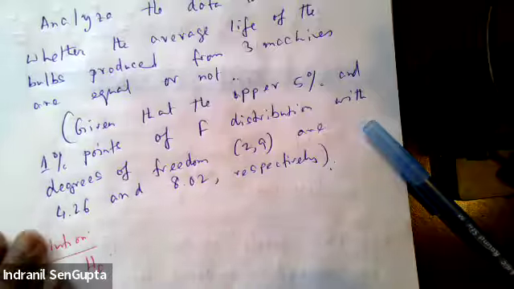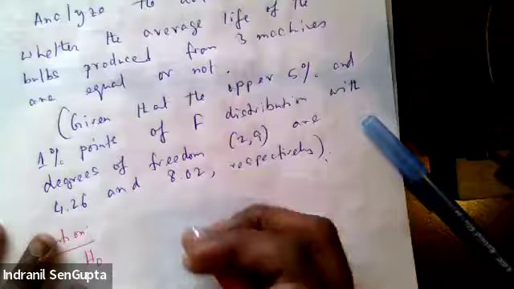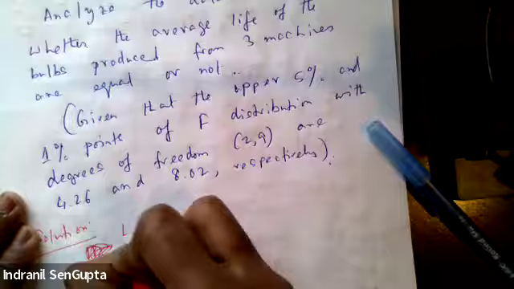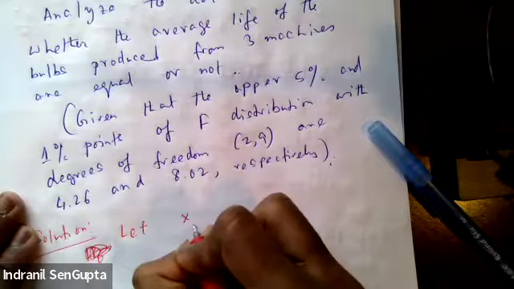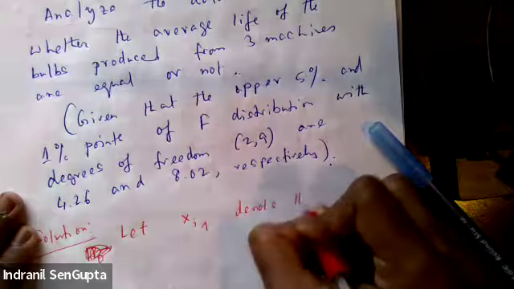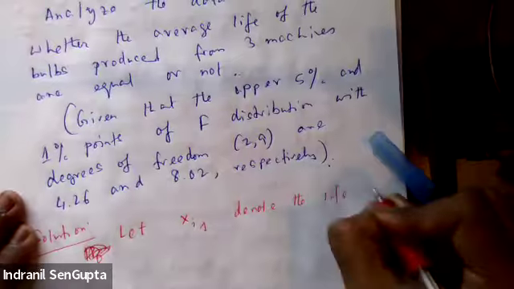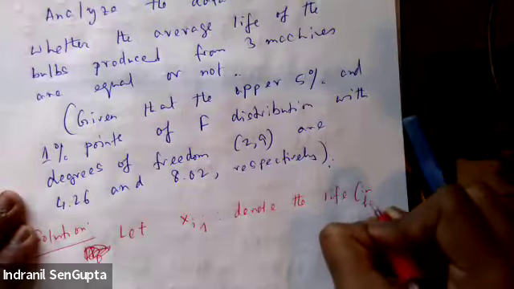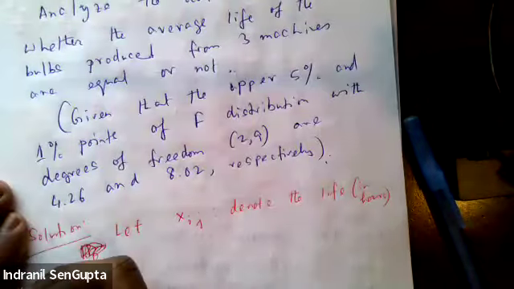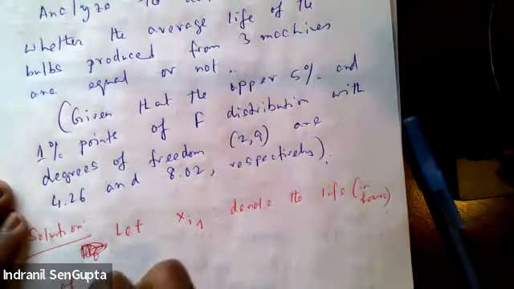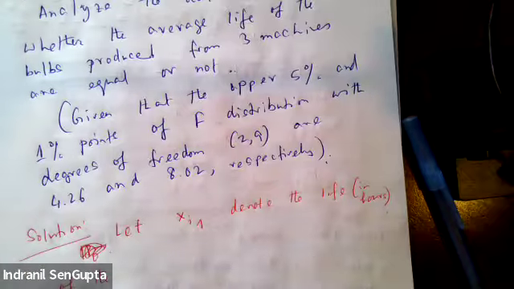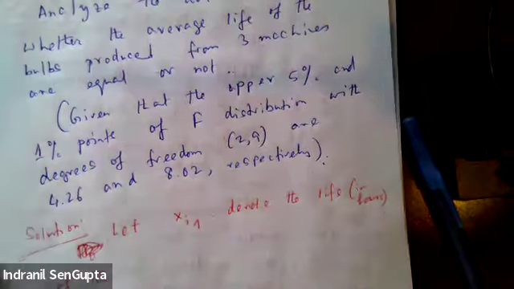Okay, so let's see. Let Xij denote the life in hours of the bulb.